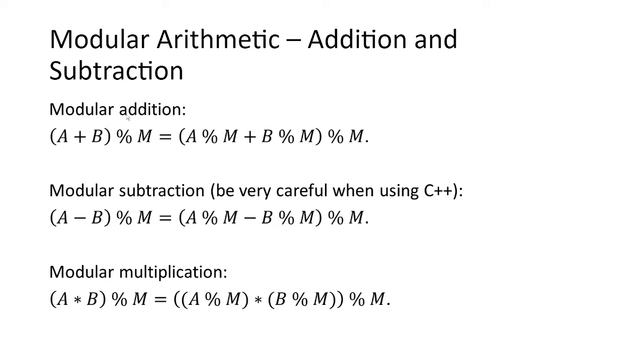In modular addition, if we have two numbers and we need to add them and take a mod, we can take the mod of those two numbers first. The reason this is required is because let us suppose a plus b are very large numbers, in the range of 10 raised to 9.